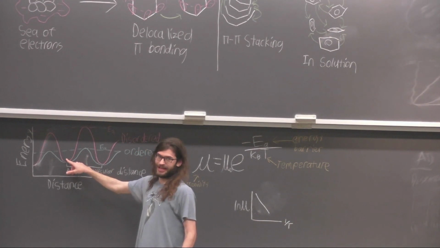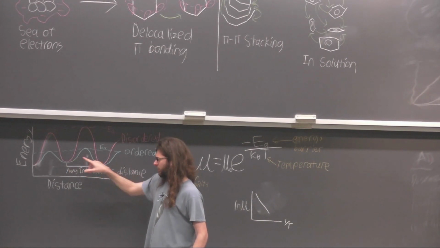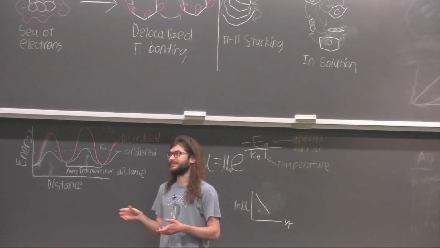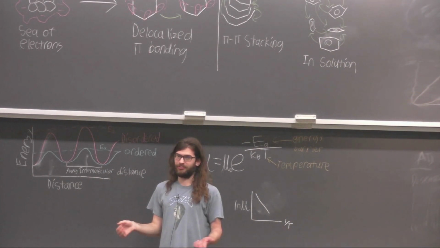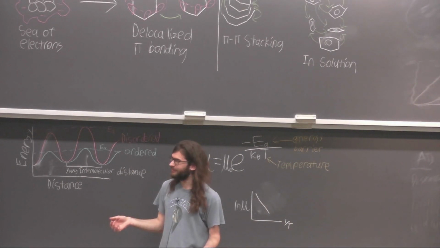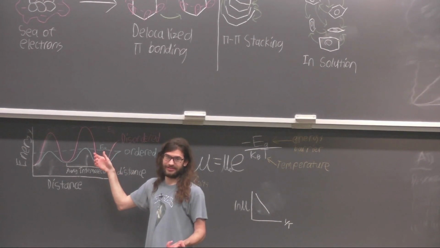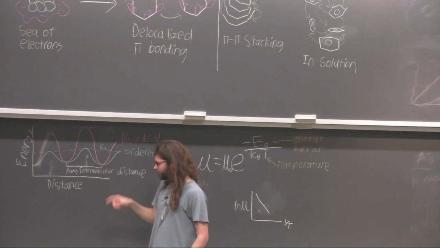So we would be in the troughs here. But to be able to move between them, the carrier would have to exist in some space outside of the orbital. So we can imagine it's not very happy with that. So it would have a very high energy. So we would have to move it over this hump.